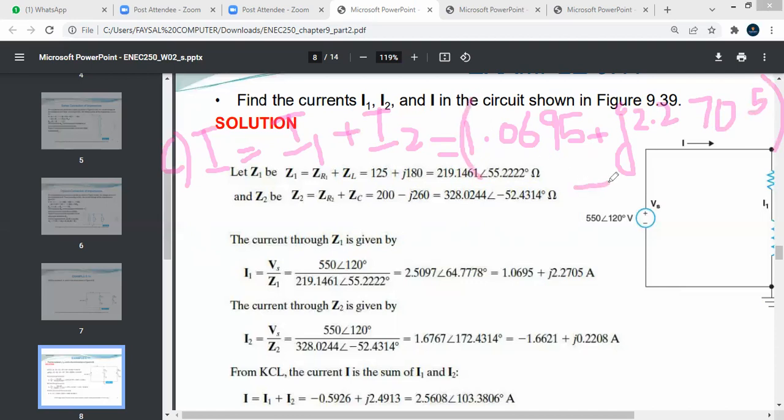Then a plus sign with the value of I2. As the value of I2 I found is minus 1.6621 plus j 0.2208.